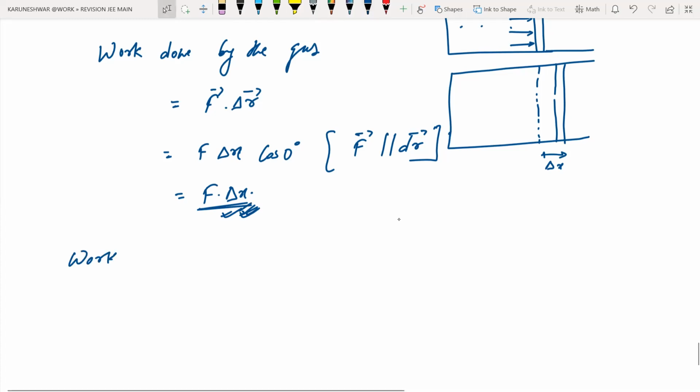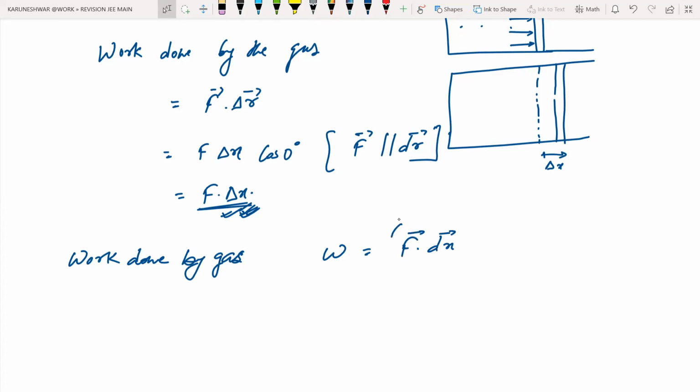So the work done by the gas is F dot dx, the same manner as before. But here the force can be replaced with pressure times area of cross section.